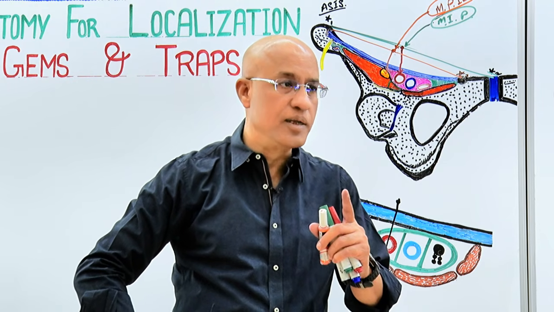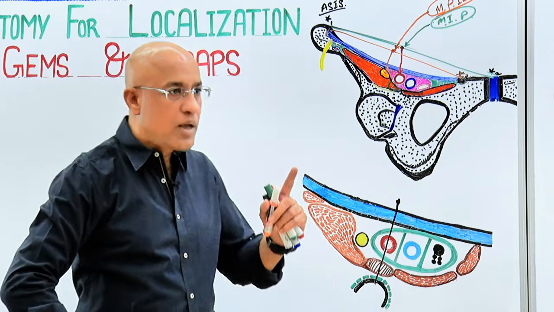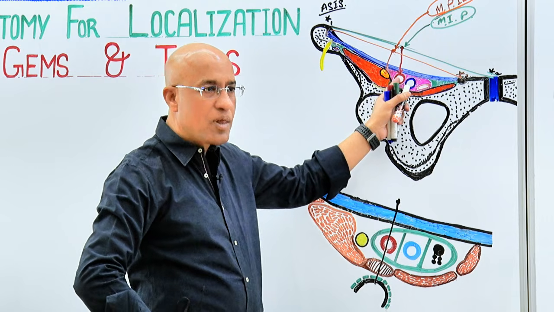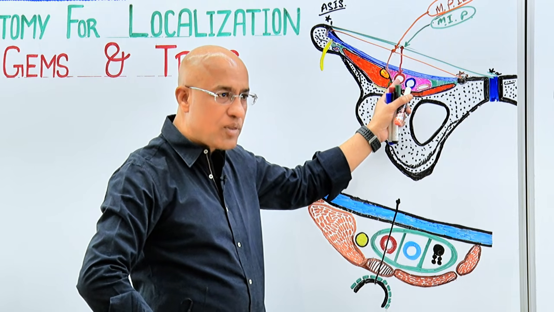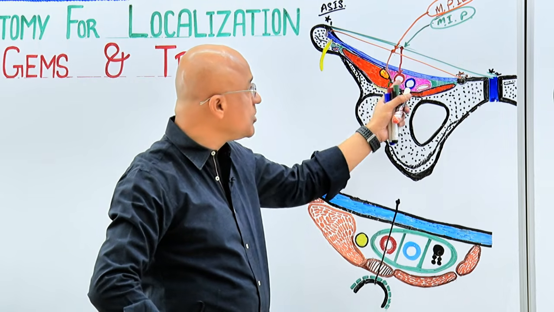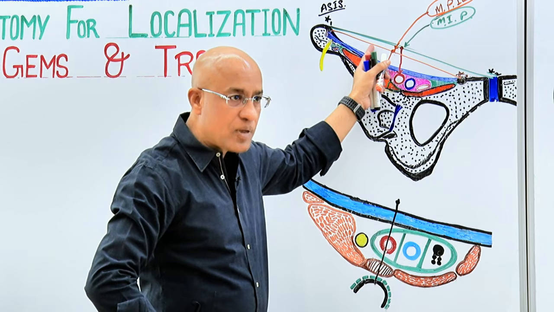There are so many clinical traps around this area. Number two, remember that you have to puncture just below the inguinal ligament at the mid-inguinal point, which is slightly medial to the midpoint of the inguinal ligament, right?